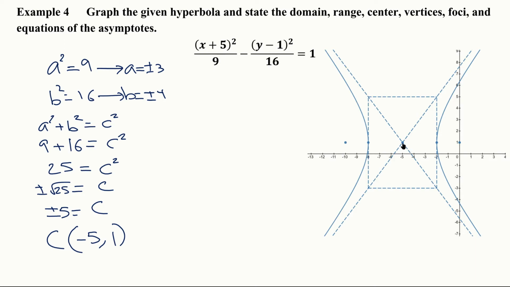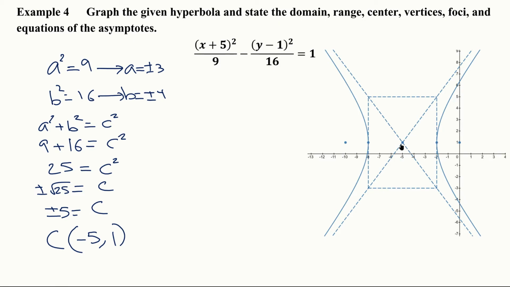So now from there, it's easy, right? To form your rectangle, you go up how much? 4, right? You go up 4, down 4, and then right 3, left 3.